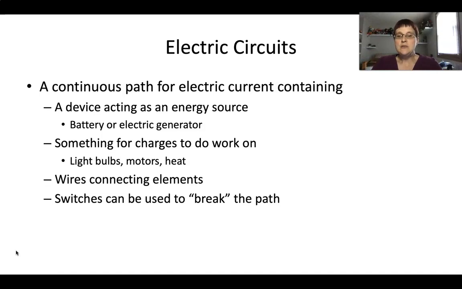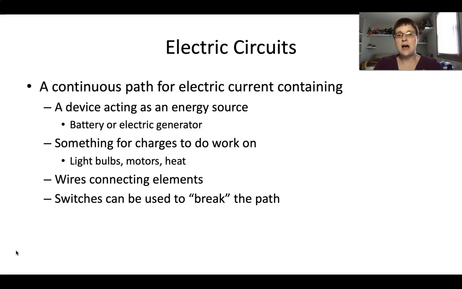And then you can use switches, but they're not required. You can just put an electric circuit together with the first 3 elements and be done. But without a switch, there's no easy way to turn off the thing that the charges are doing their work on.